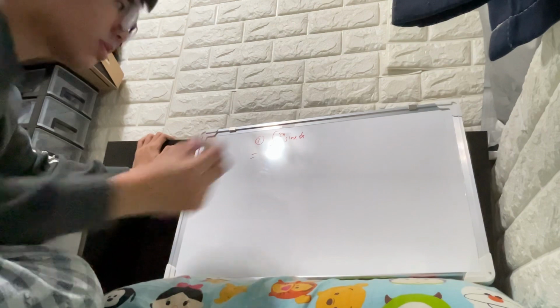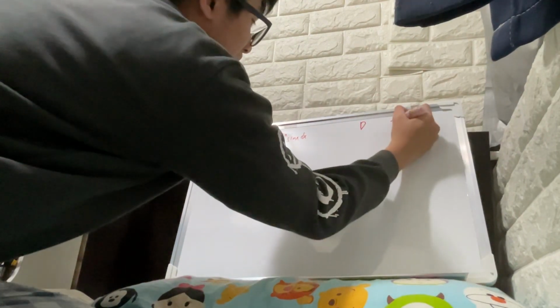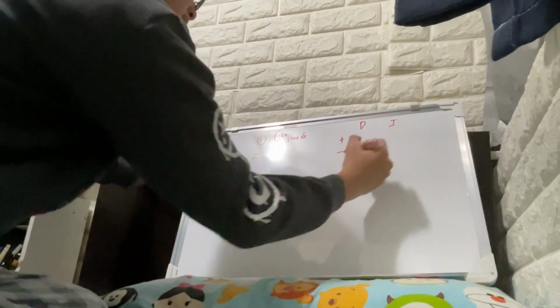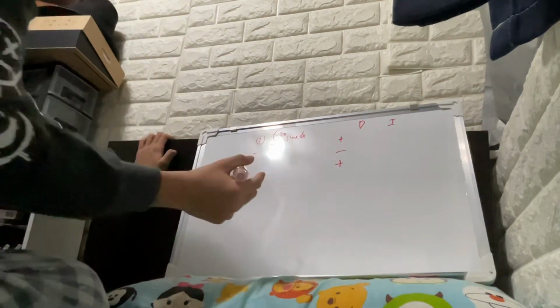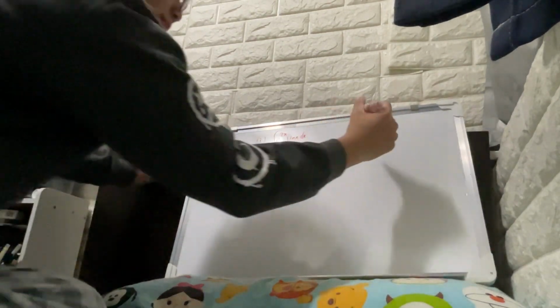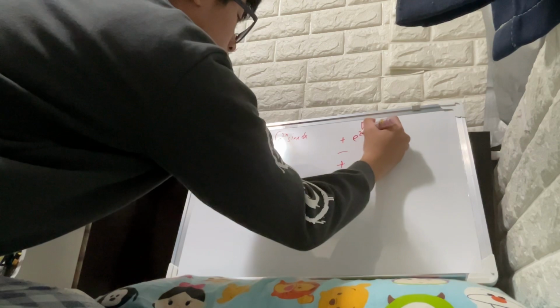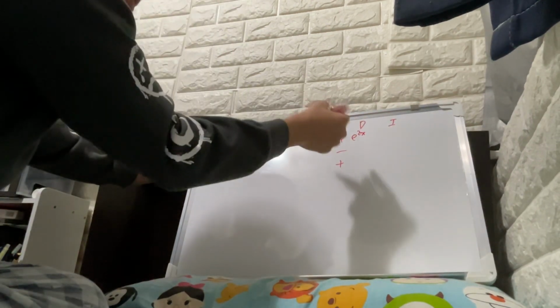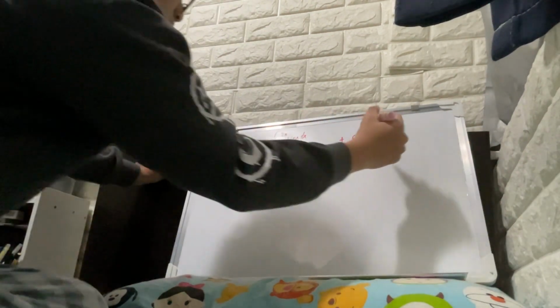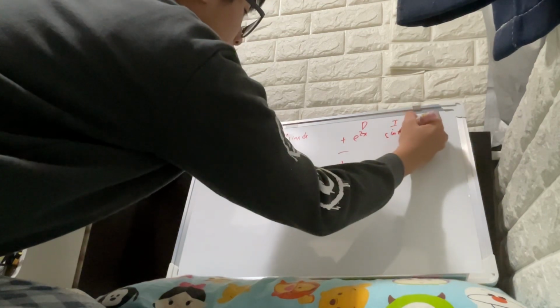To do this, we're going to use integration by parts once again, D and I, plus and minus, and then plus minus. We're going to differentiate e to the 2x, or you can integrate e to the 2x, up to you. This is my choice. Then we integrate sine x.